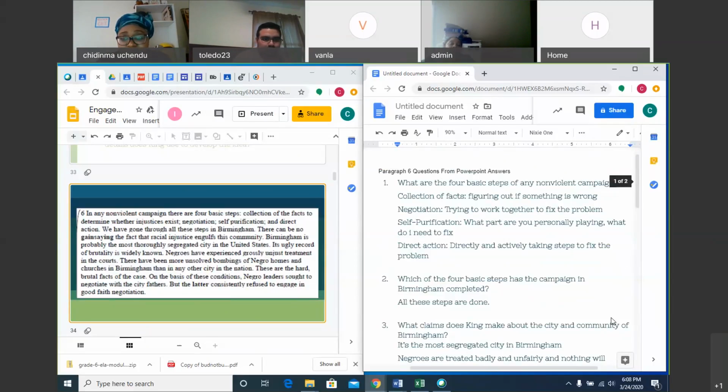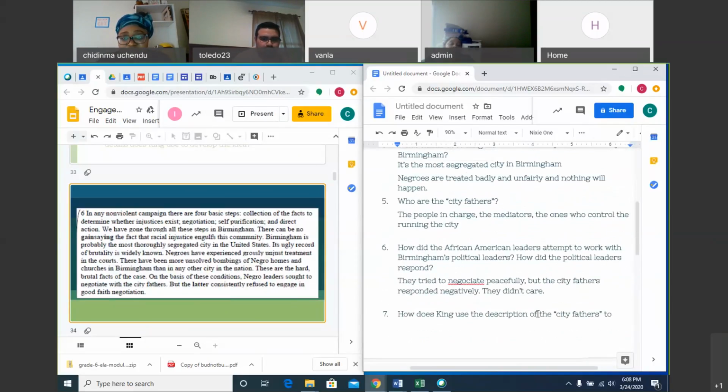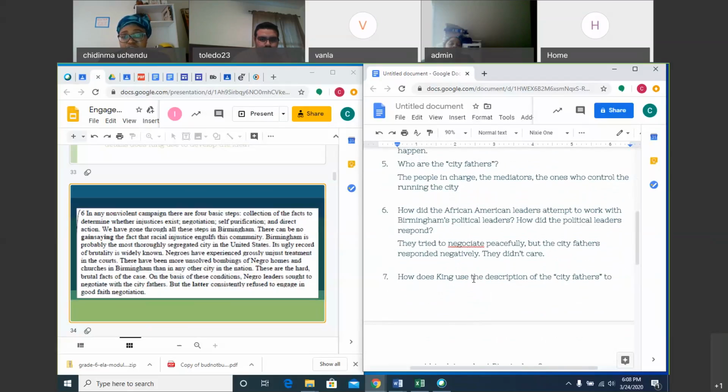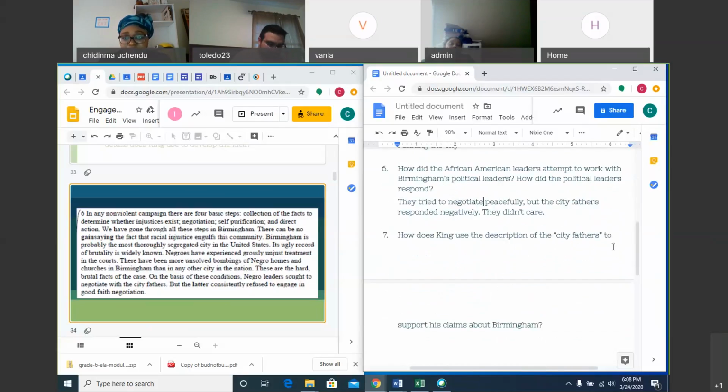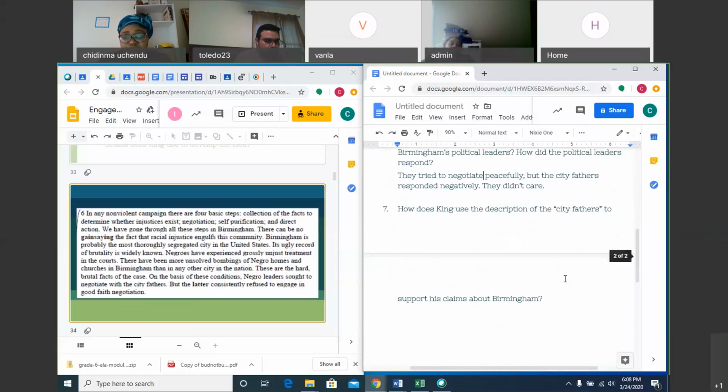So we talked about question number 6. Delania told us that they tried to negotiate peacefully, right? They tried to figure it out peacefully, but the city fathers responded negatively. They didn't care. This is interesting. It says, how does King use the description of the city fathers to support his claims about Birmingham?